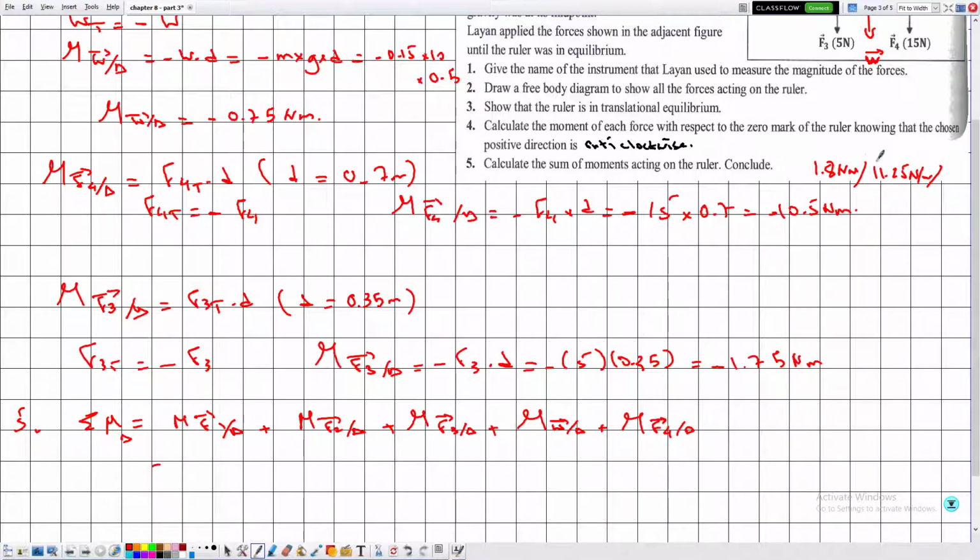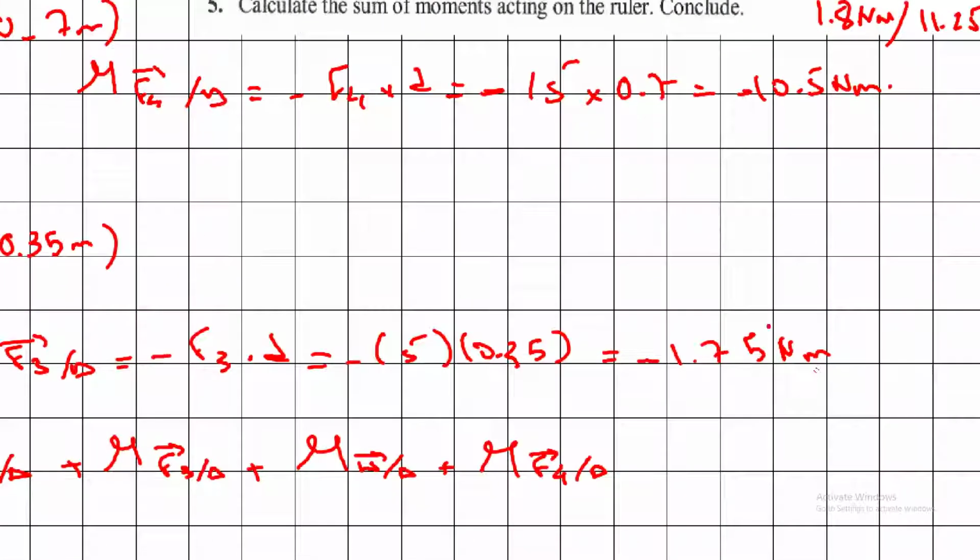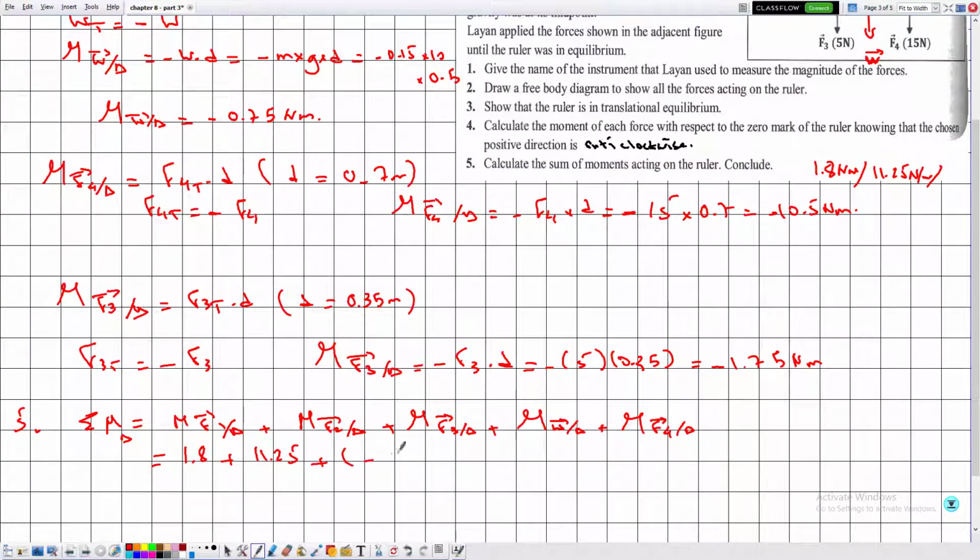Now the moment of F1 over delta is given by 1.8, plus F2 delta is given by 11.25, plus F3 delta, which we are not sure about, is given by minus 1.75. So we will try to change it if we didn't achieve a reasonable number.